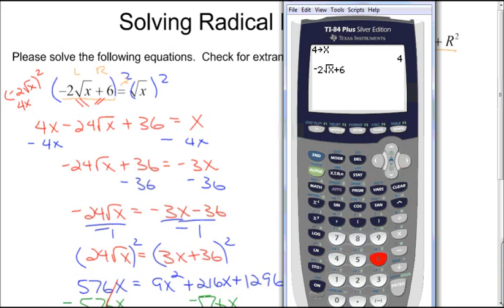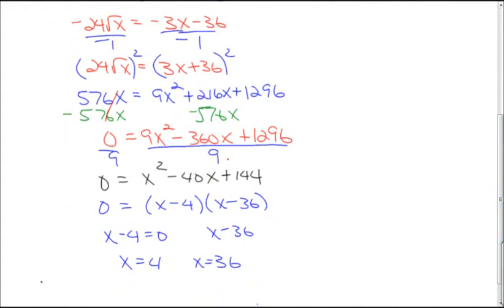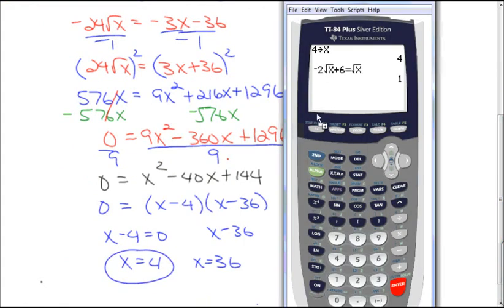And I want to know, is that equal to the square root of x? Excuse me, second test equals second square root of x. 1 is done, O is no. That answer actually works. So probably a good time to come down here and circle the 4 and include it in the answer.